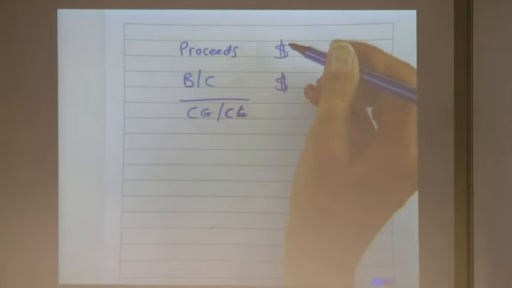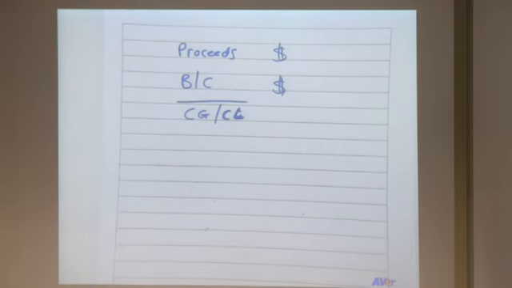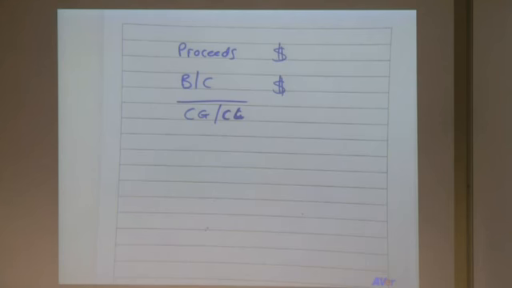So if my proceeds and my base cost are both in dollars or in pounds or in euros or in any other foreign currency, but they're in the same currency, the person must determine the capital gain or loss on the disposal in that currency, and that capital gain or loss must be translated to the local currency by applying the average exchange rate for the year of assessment in which the asset was disposed of, or by applying the spot rate on the date of that disposal.